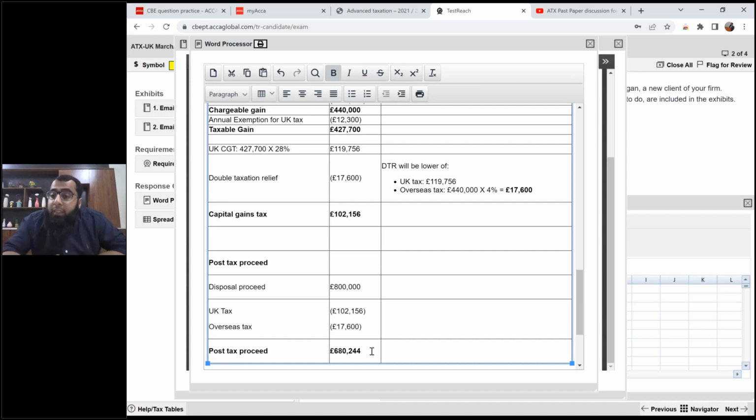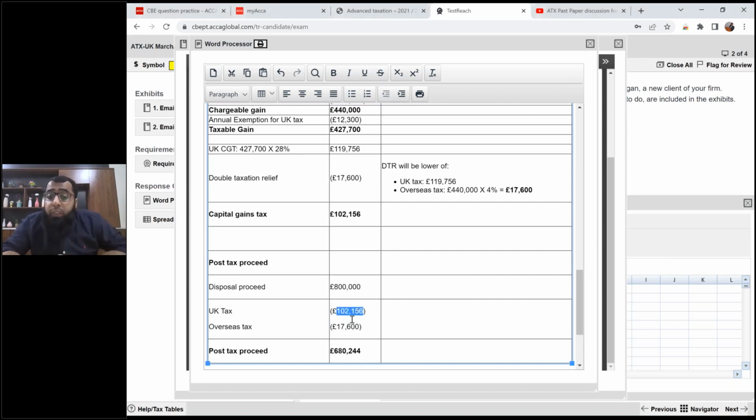What you need to understand is we are paying UK tax of 102,156, and along with that, we have also paid overseas tax of 17,600. So the total tax would be the sum of the UK tax and the overseas tax.